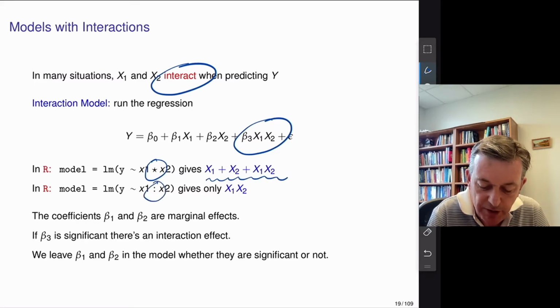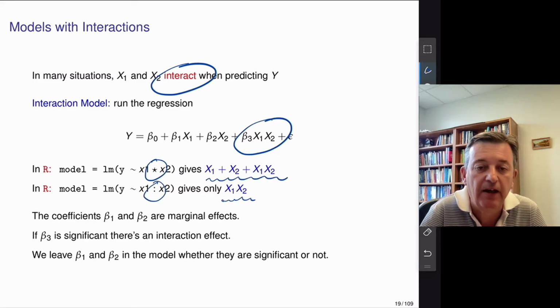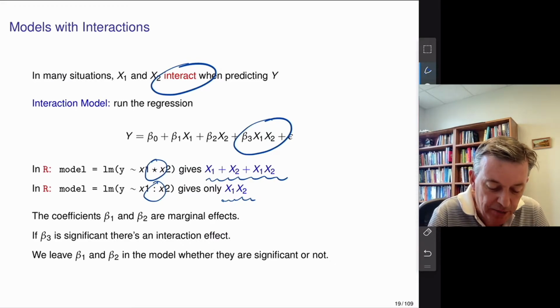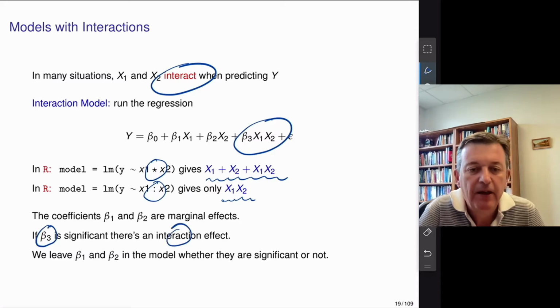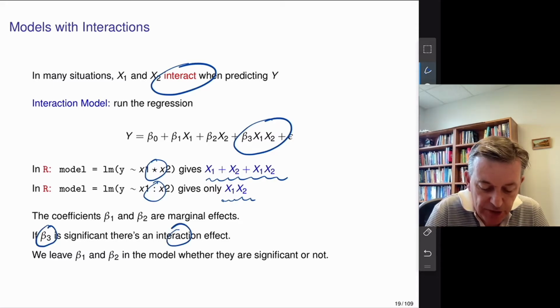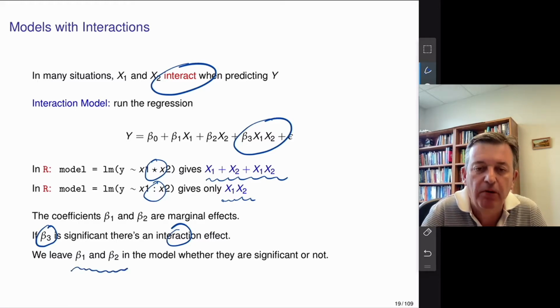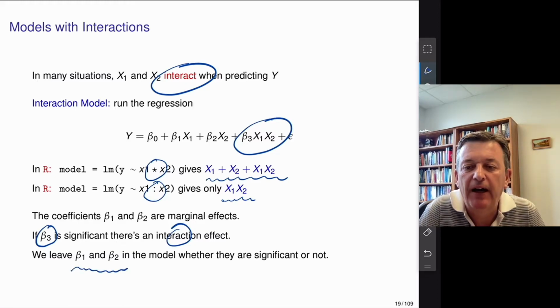If I use the colon command, I'm only getting the interaction term. And beta 3 is significant if there is an interaction. As a general rule, statisticians will leave beta 1 and beta 2 in the model if I have a significant interaction term, beta 3.